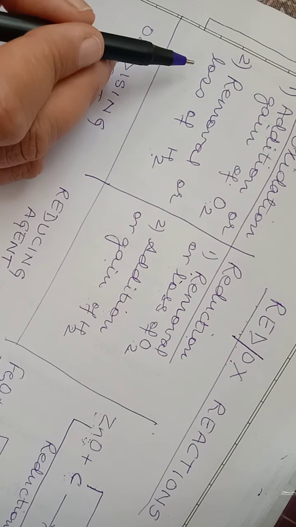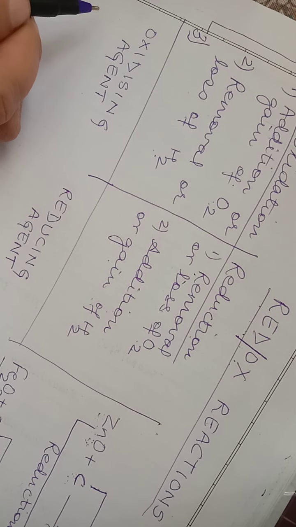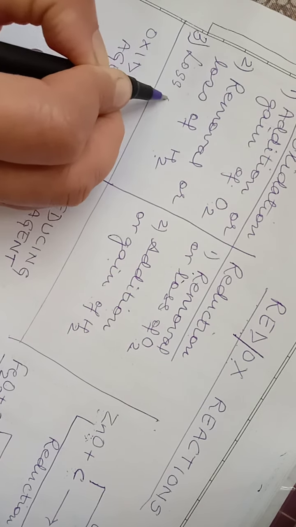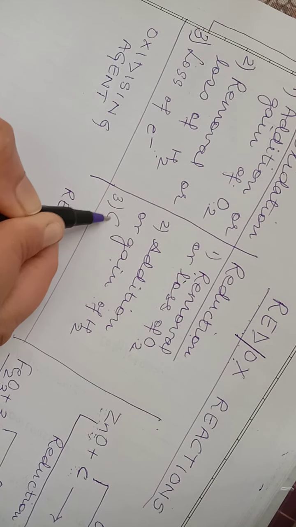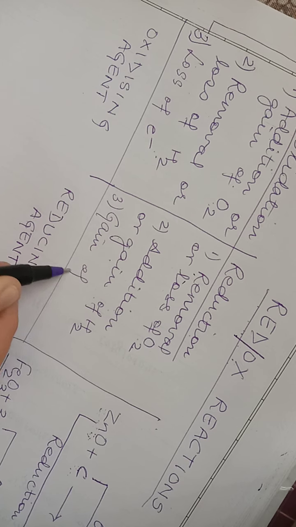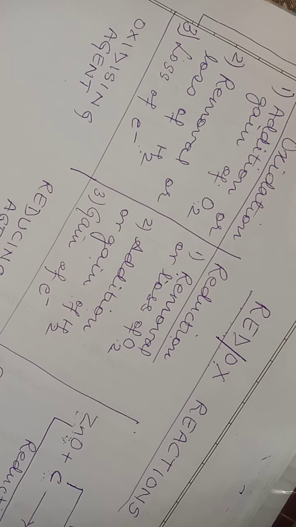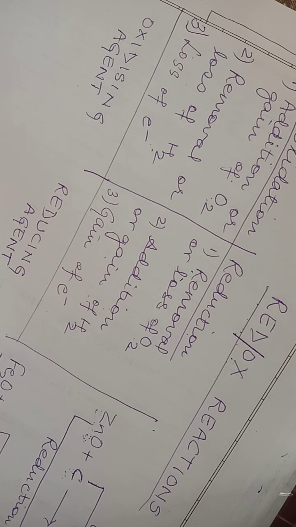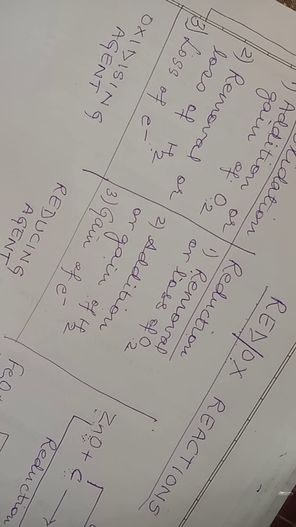Now there is one more concept of defining oxidation and reduction, which is the electronic concept. Here loss of electrons is called oxidation and gain of electrons is called reduction. If one atom gives away electrons, we call it oxidized, and the other atom which gains electrons is said to be reduced.